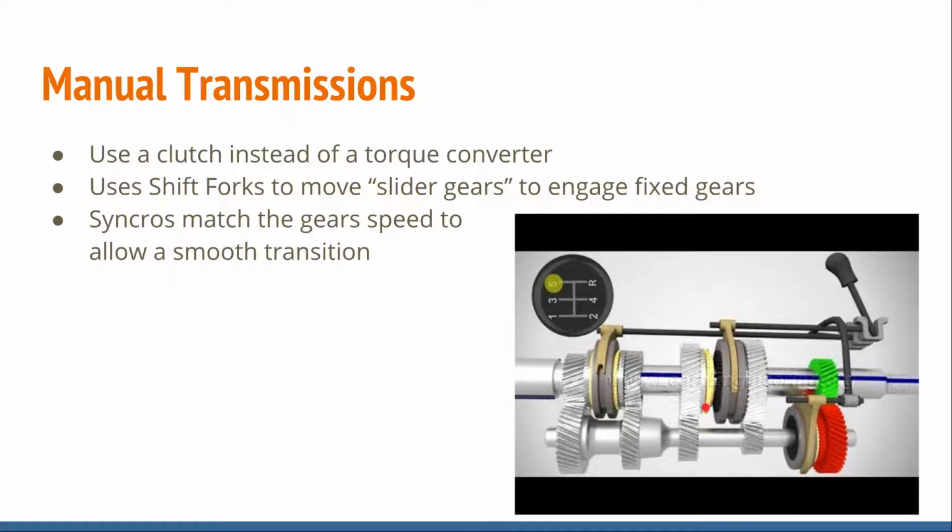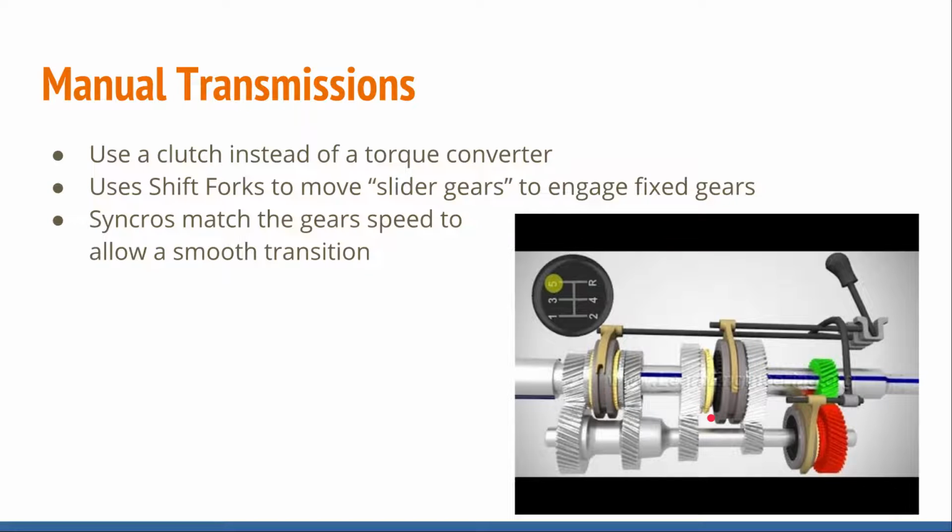How that works, if you look at a synchro, it's got a tapered fitting. As this gear slides in, it hits that synchro, and the harder it pushes, the tighter that taper gets, and it allows the shaft and the gear to spin at the same speed, and then the gear pops in. So it slows down this gear to allow it to pop into there.